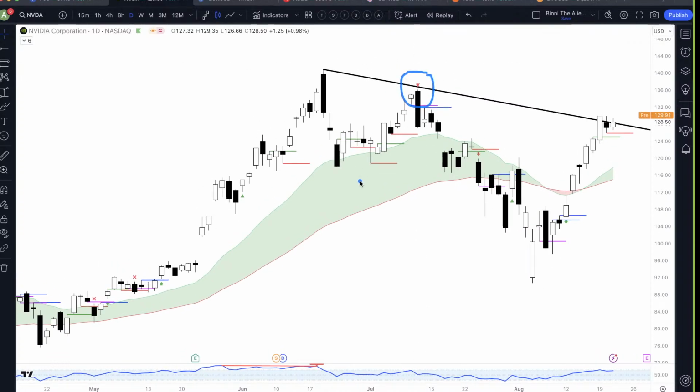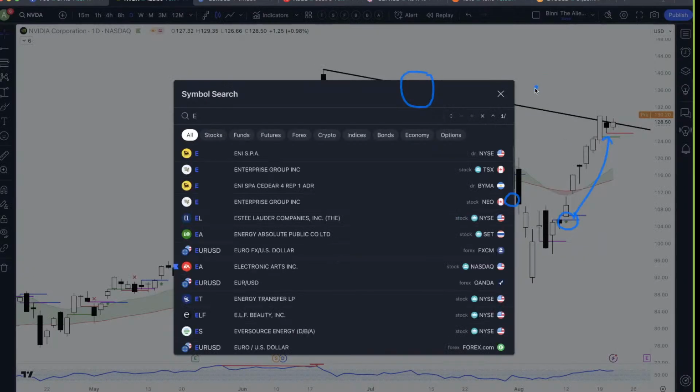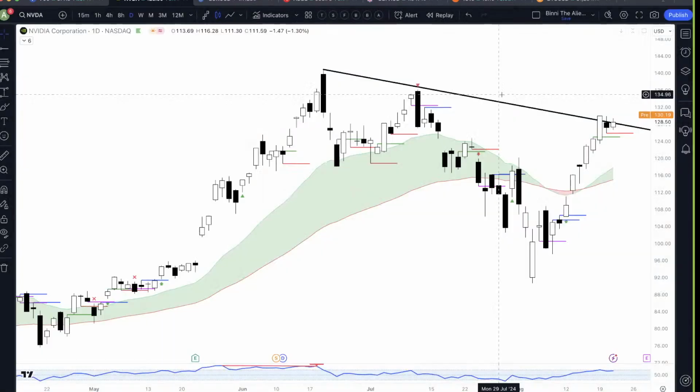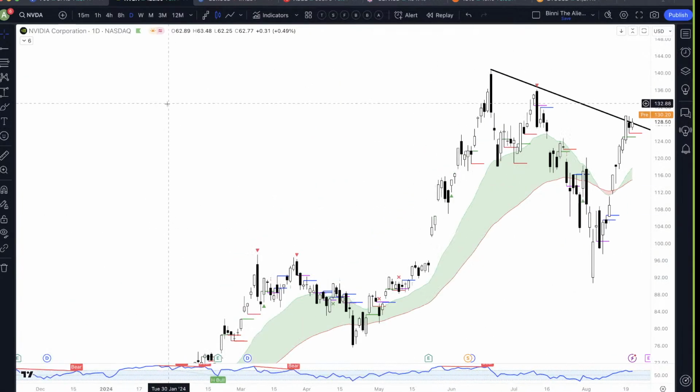After that, yes, we do have the green one here, but it attempted to go below the moving average, and when it goes up, it failed. Later on, do we have another green one to tell us it's ready for up? Yes, we do. So it gives a lot of confidence to our trade.